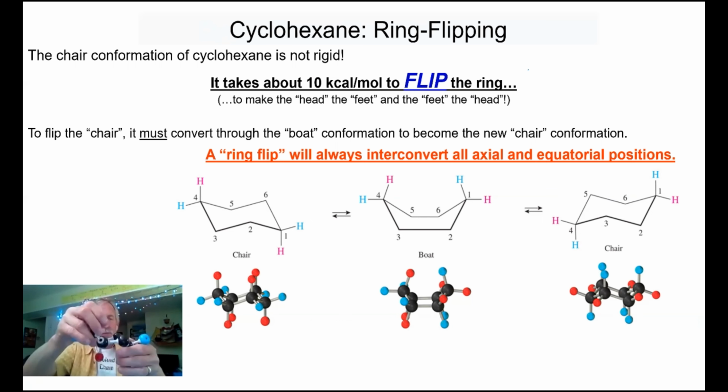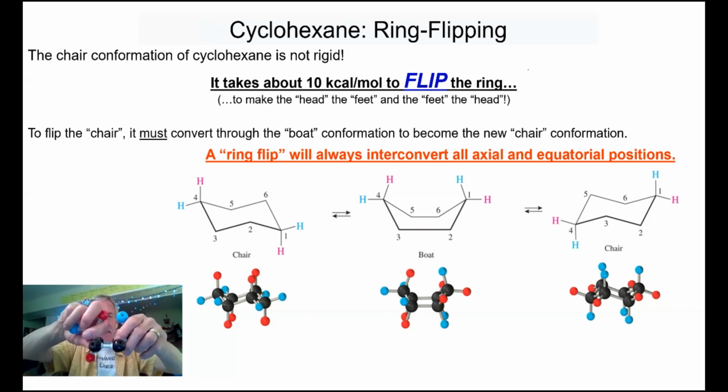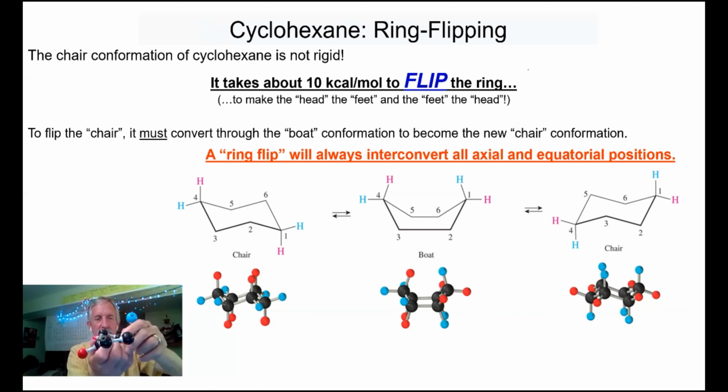It can go through a boat, which means it actually pulls the feet of the chair up and temporarily has some really bad steric strain, but then the top can bend not just down flat planar, but it goes past planar and goes back to the other chair.